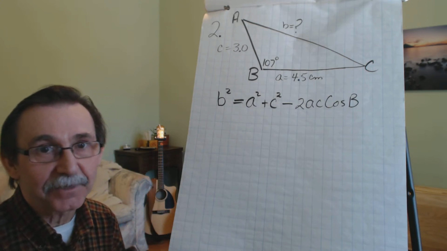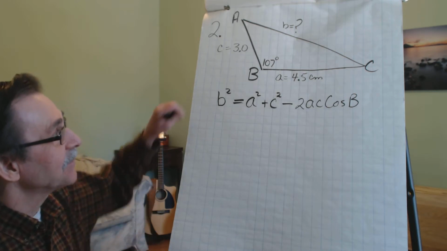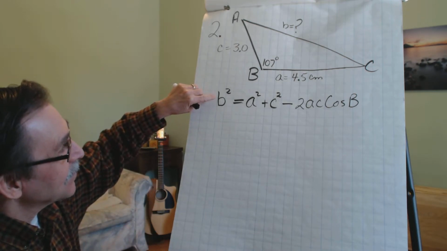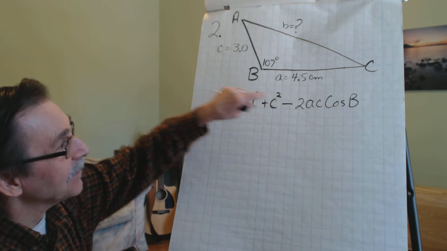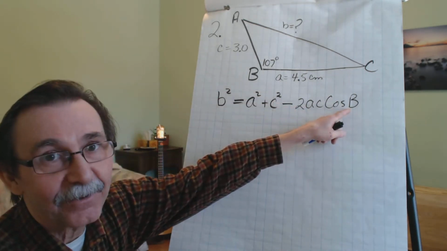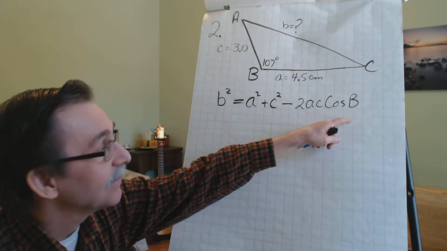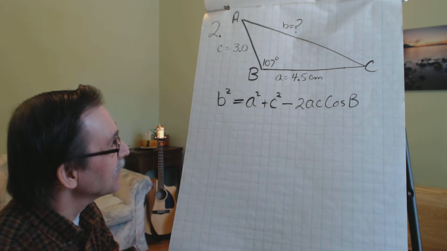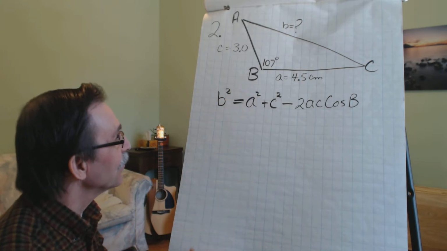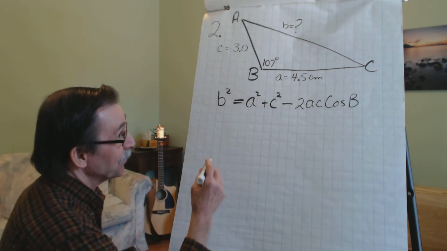I gave you three, but really you only need one. The lowercase letter that's isolated has to be the same letter as the angle that's given. That's the only way this formula will work. Okay, so let's just quickly go through this and see what we get.